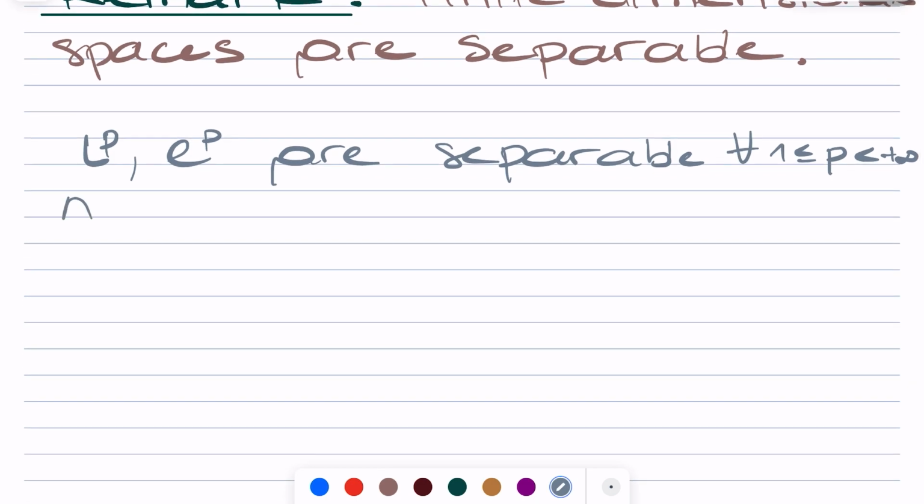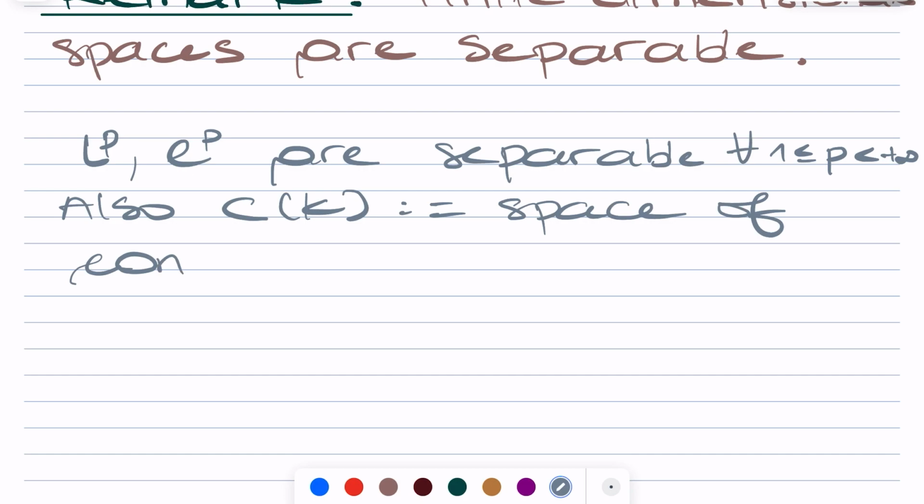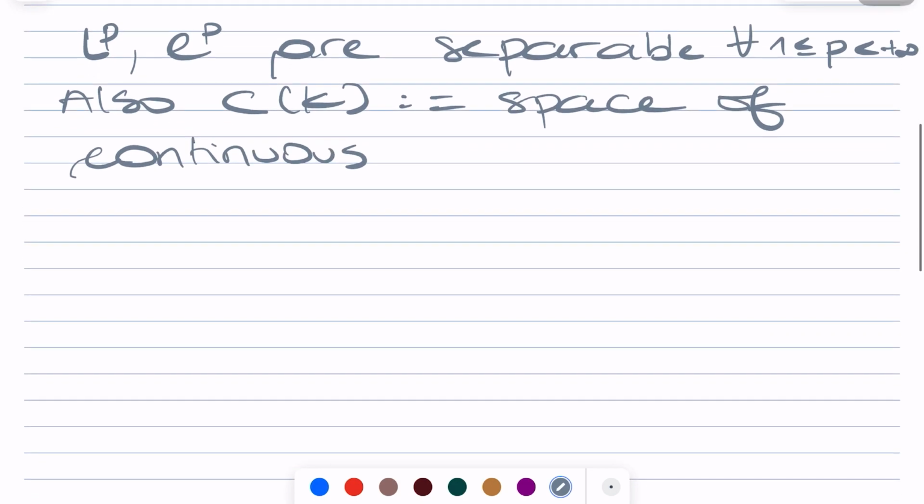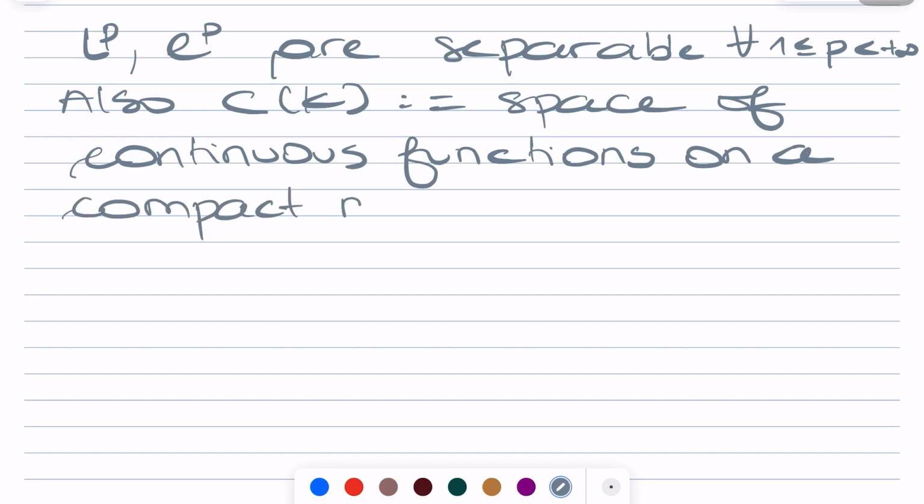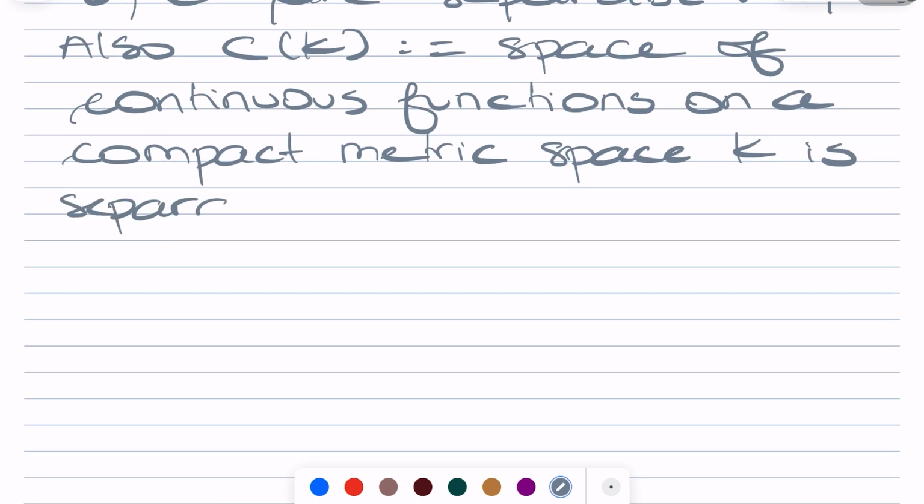Also, the space of continuous functions on a compact metric space is separable. I think this is due to the Arzelà-Ascoli theorem, but maybe we'll come to that, so don't worry.